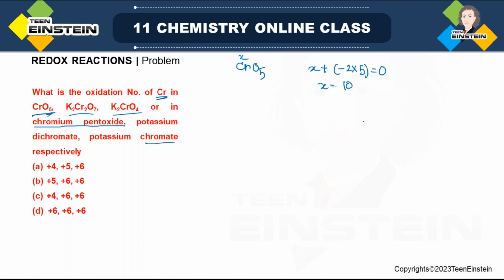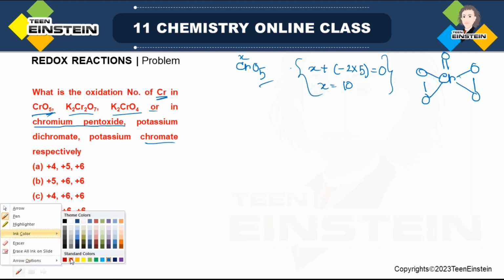So why are we getting this type of wrong result? Because in this case, you have to consider the structure. Here the chemical environment of all the 5 oxygens is not the same. These are some special cases where, if you do not know the actual structure and simply follow common rules, there will be error. So the actual structure is something like this. See, here we have 2 different types of oxygen.